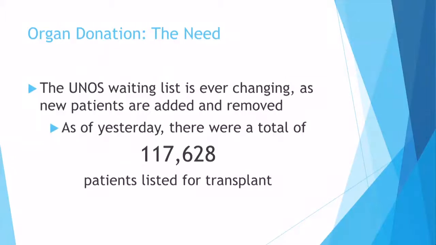This is the reality here on this slide. These are numbers just from yesterday, and you can go on the UNOS website at any time and see how many patients are listed for transplant, well over 100,000. This is a list we're never going to get down to zero. There's always going to be a need. As patients, the transplant track may be the best track for you to follow.